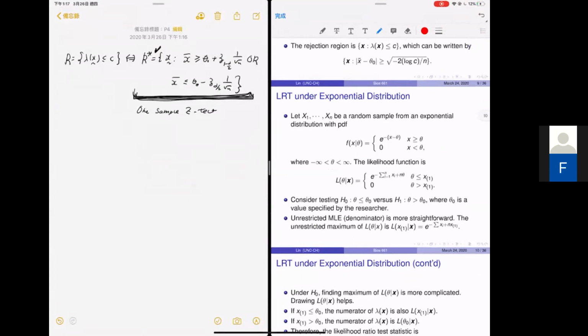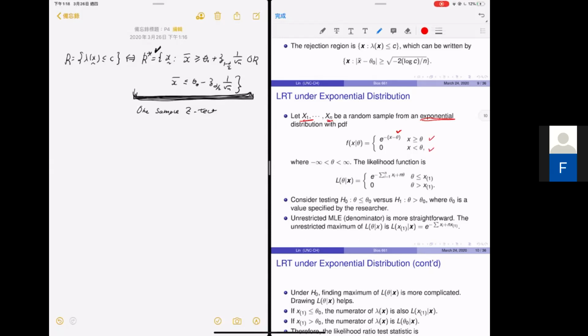For example, if I have X1 to Xn, basically exponential, but a little bit shifted because I subtract θ right here. It's not the usual exponential 1, but exponential 1 shifted by θ. Then x bigger than θ gives that density, and if x is smaller than θ, it's 0.